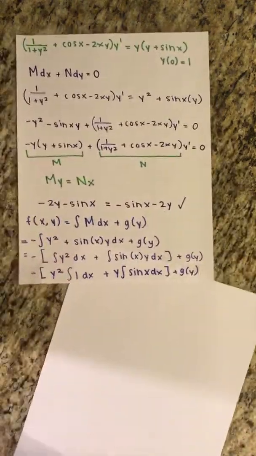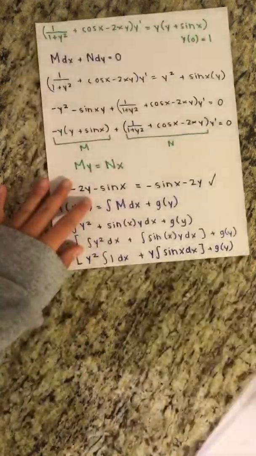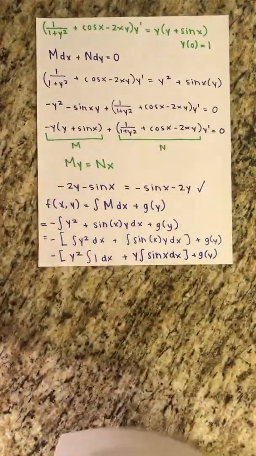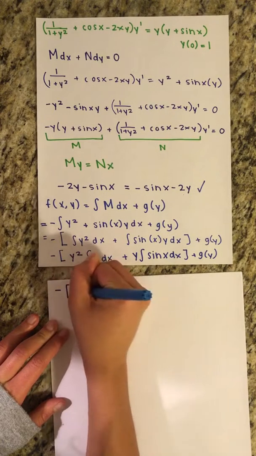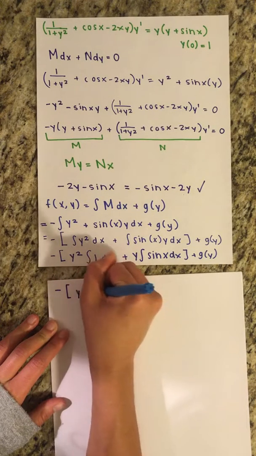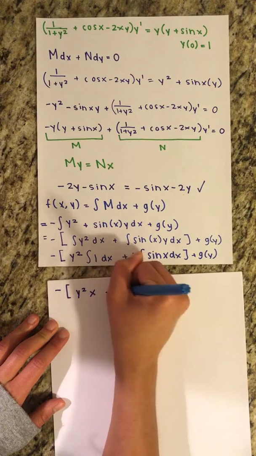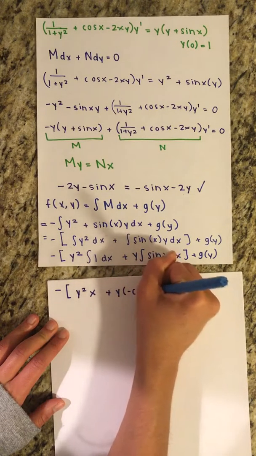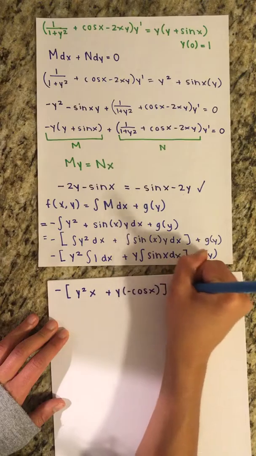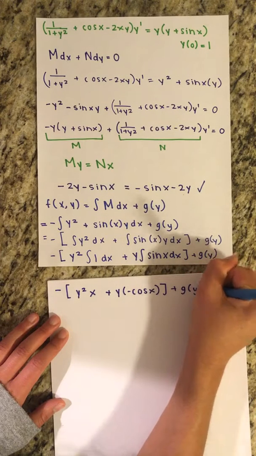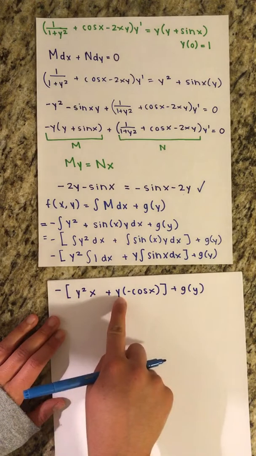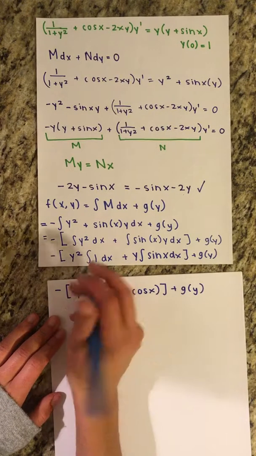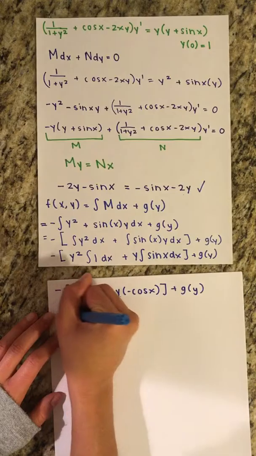So then from there, you get y squared x plus y negative cosine x plus g of y, and then I'm just going to distribute, sorry, the negative sign.